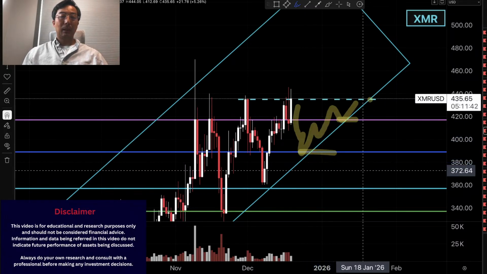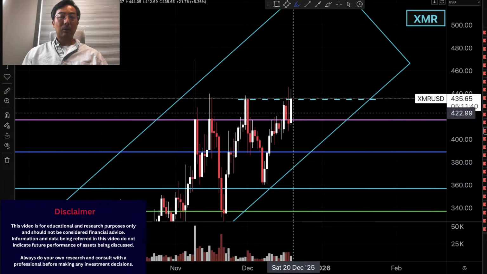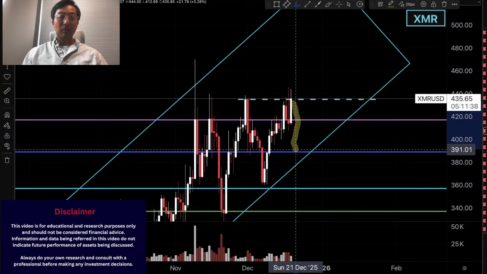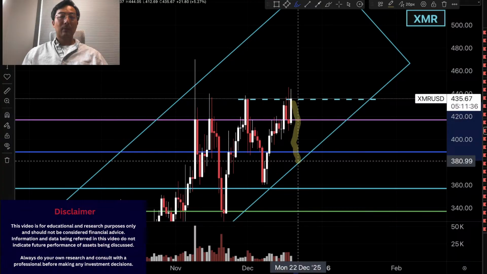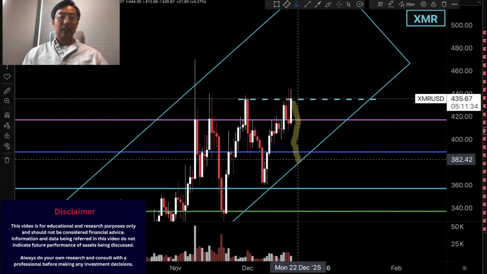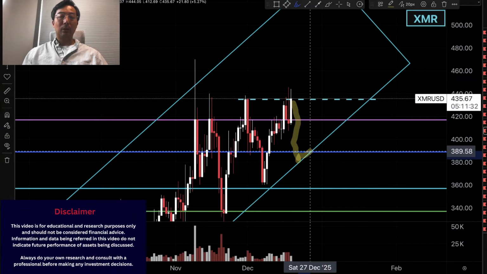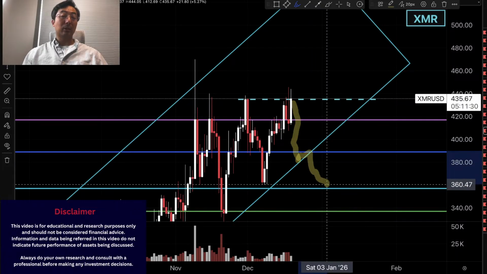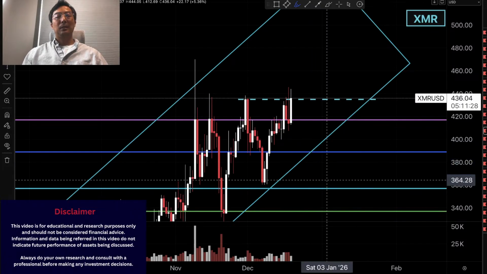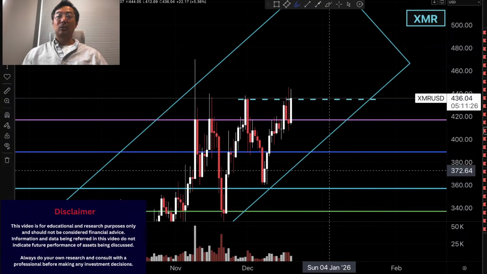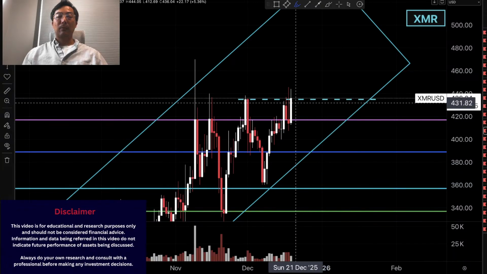So what do I mean by that? It means if the price got rejected very heavily back below the blue key level 388, that's where the time point to confirm it's going to drop outside of this uptrend is by Boxing Day, or just one day later than Boxing Day.